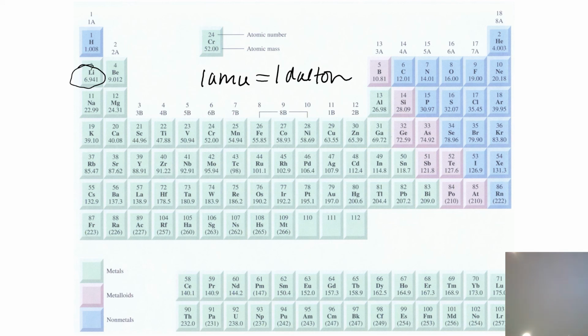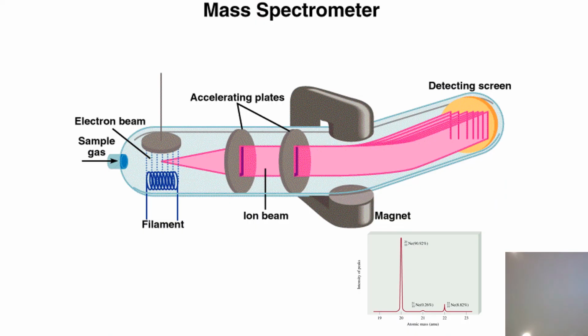We're also going to take a look at the technology that allows us to determine the masses and the percent abundance of those isotopes of an element that are found in nature. That technology is an instrument called a mass spectrometer.